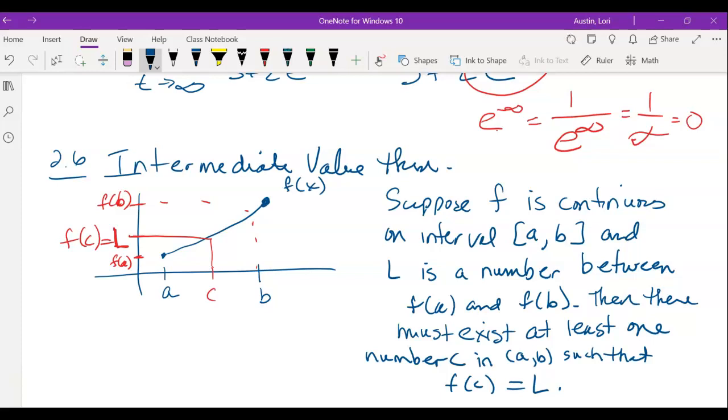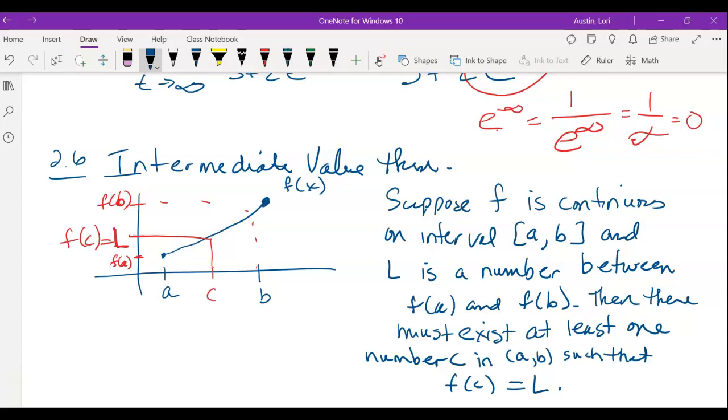So here we're including A and B. When I get to this part, this number C cannot be equal to A or B. It can't be an endpoint. Does that make sense? So for this one, let's do an application problem, because you're looking at it and you're like, yeah, of course.